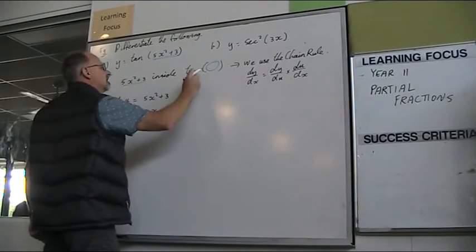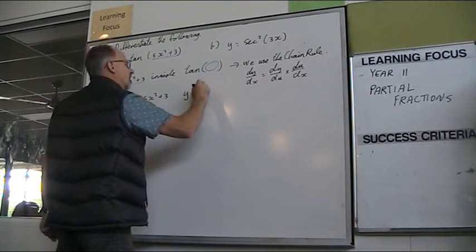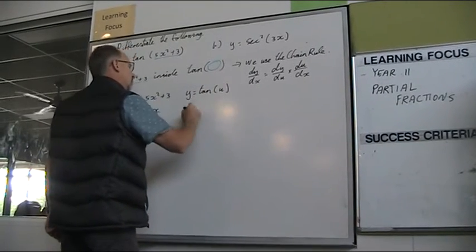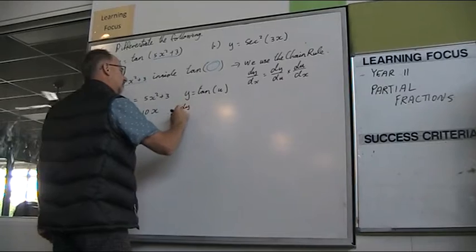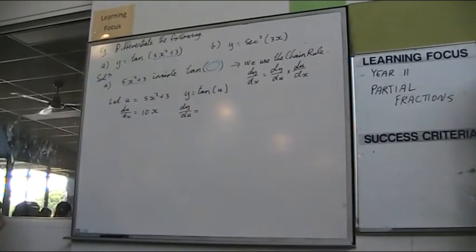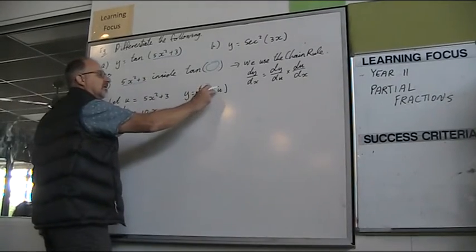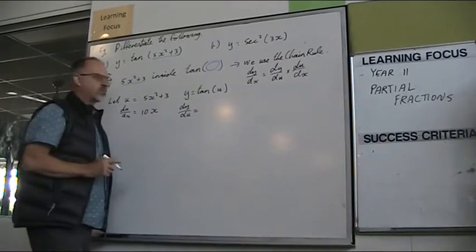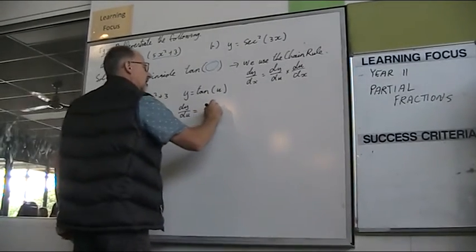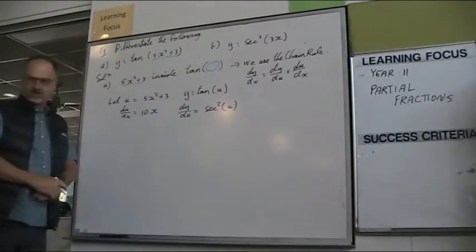So if we're writing y equal to tan u, and we differentiate with respect to u, there is no constant here, it's 1, isn't it? So it's 1 out the front, sec squared of u.